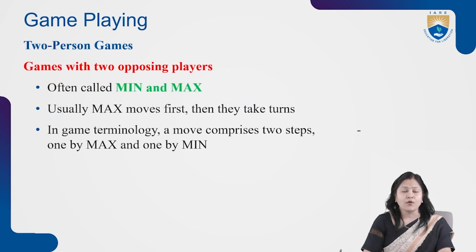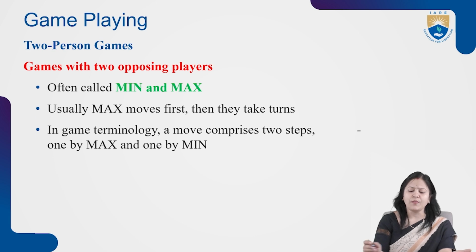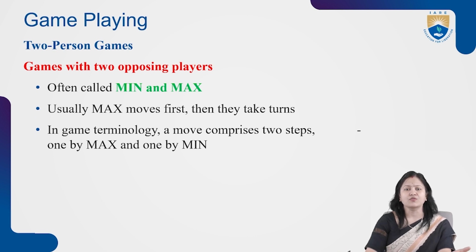Now let me discuss the two-person games. It is called a two-person game when two people play as opponents to each other. It is also called Min and Max. Minimax is a famous game strategy in artificial intelligence, especially in game theory.